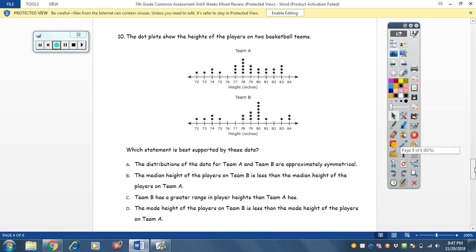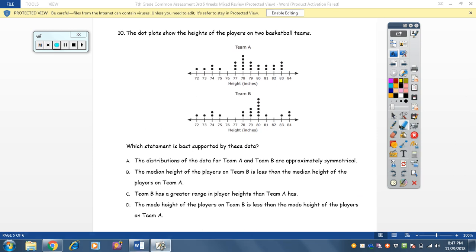All right. 10 says, the dot plot shows the heights of the players on 2 basketball teams. Which statement is best supported by these dots? Best supported means true. So A says the distributions for Team A and Team B are approximately symmetrical. Symmetrical means if I cut it in half, it is the same on both sides.